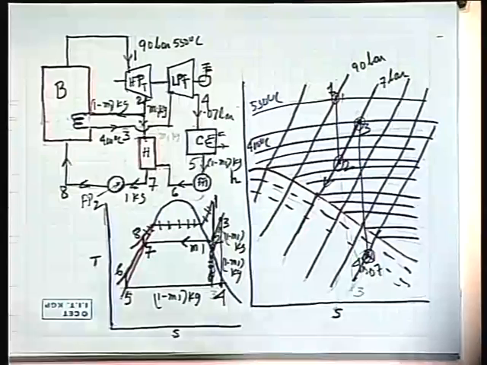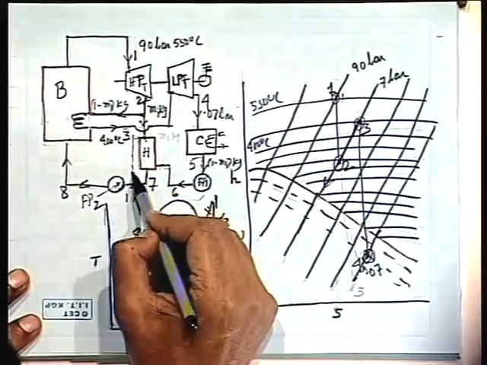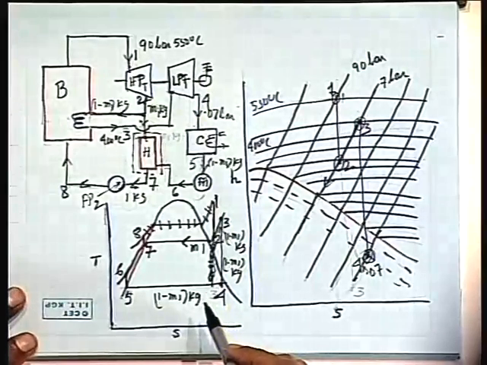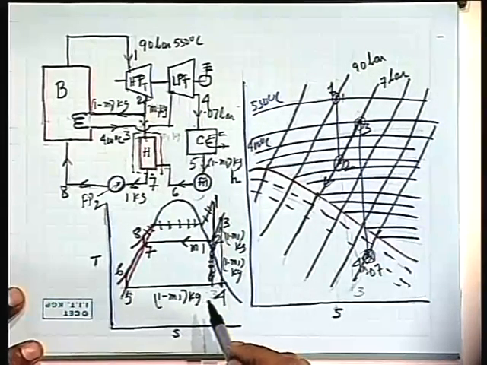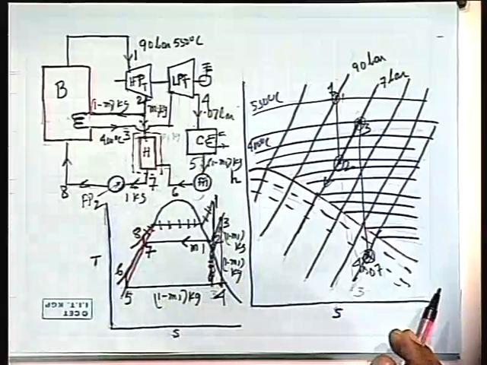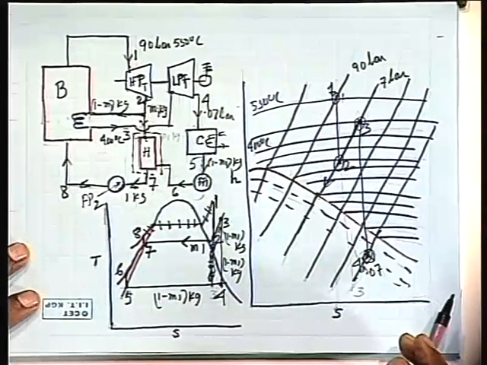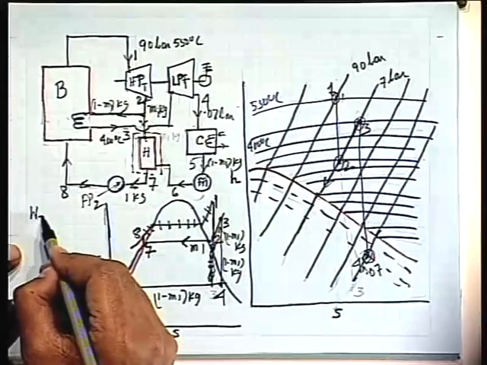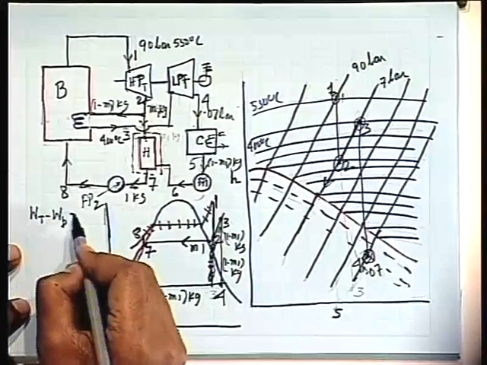Rest is very simple. You calculate m1 by the energy balance for this heater. You calculate and then you can find out what is required. What is the steam flow rate? We have to find out WT minus WP. What is WT?